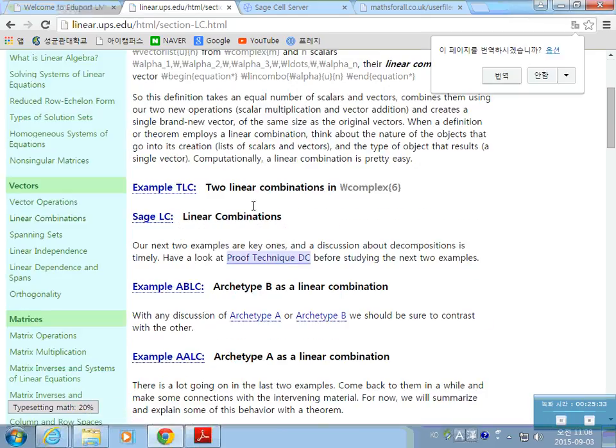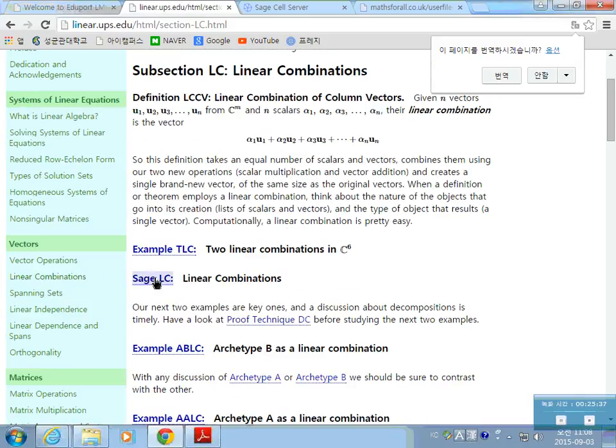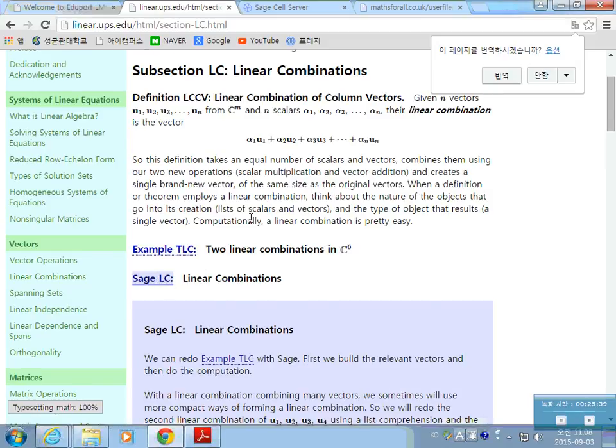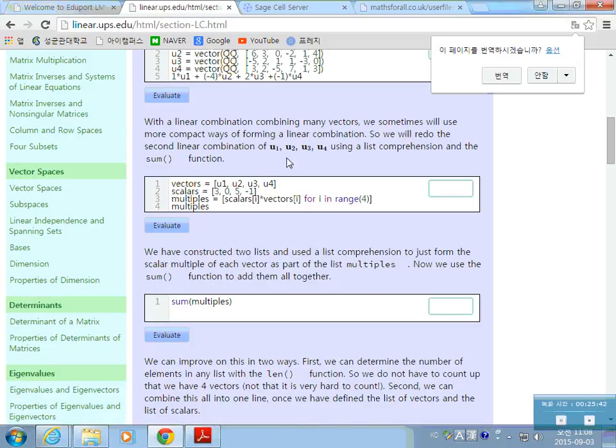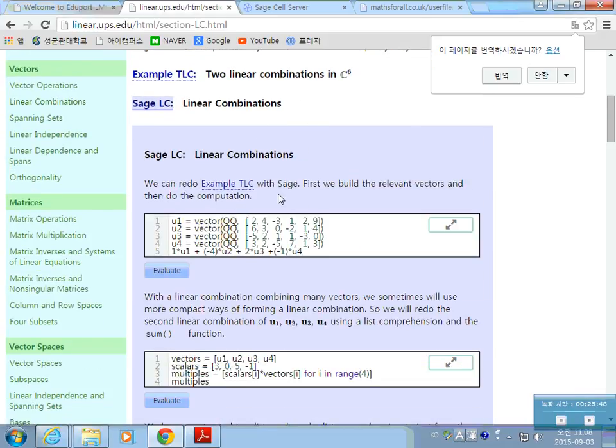This shows you the concept of linear combinations, and gives examples of linear combinations of given vectors. He gave vectors and tried to find the linear combination of two given vectors in this way.